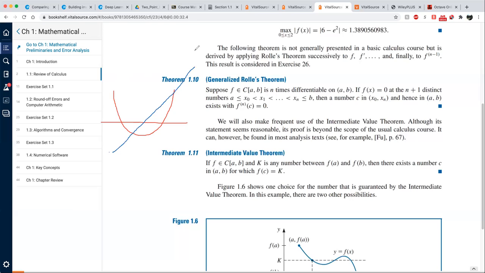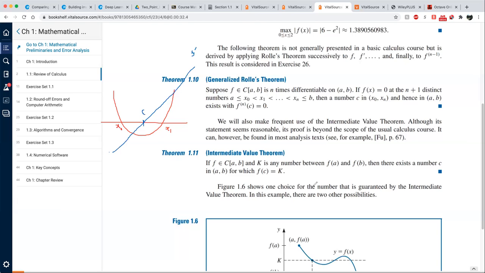So this is the first derivative of f. This is going to be x0, this is going to be x1, and right here, that's going to be c.